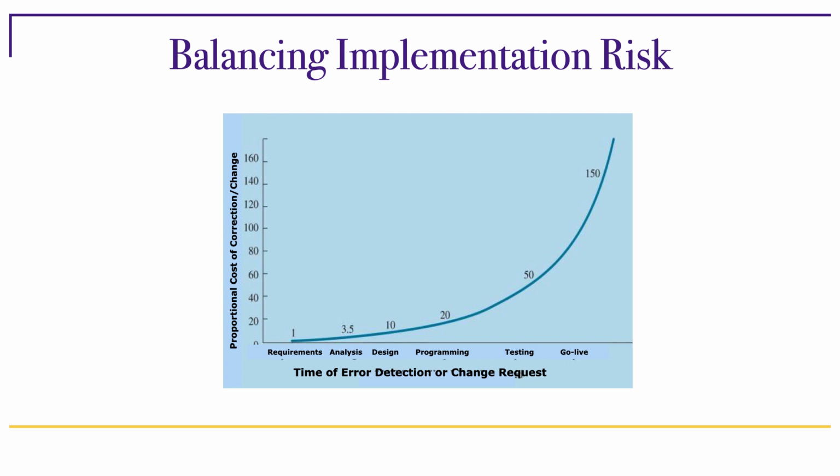It is intuitive to understand that the further down in this process you are, when you detect a change request or an error that requires you to go back and fix, the higher the proportion of the cost on the project. So system development lifecycle and prototyping and agile methods both try to minimize this. It is just the way they do it that is different.